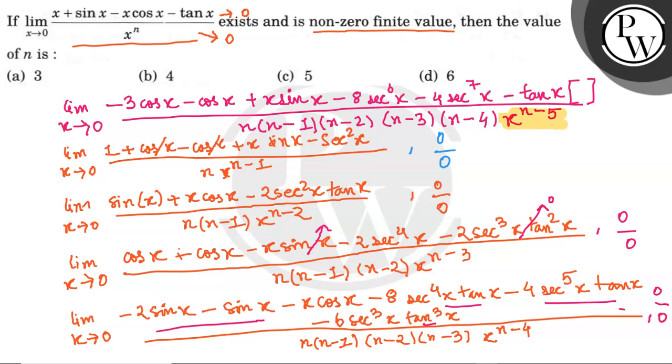It is equal to 1 if the power is 0, so that x to the power 0 is equal to 1. So we will equate n minus 5 to 0, which will give you the value n equals 5, which implies our correct answer is 5.